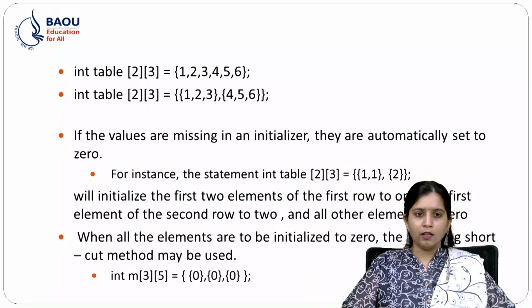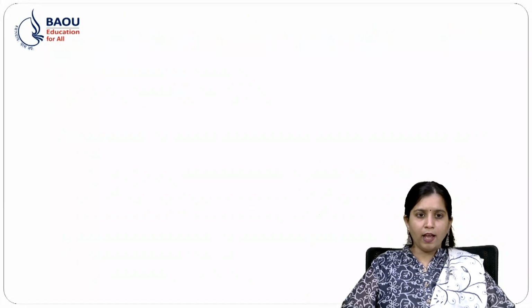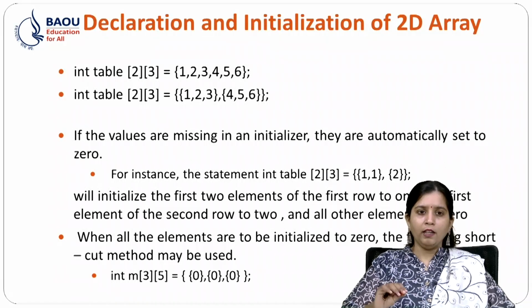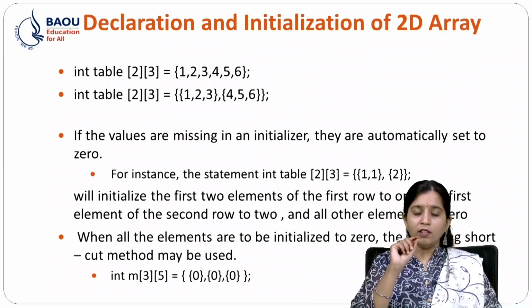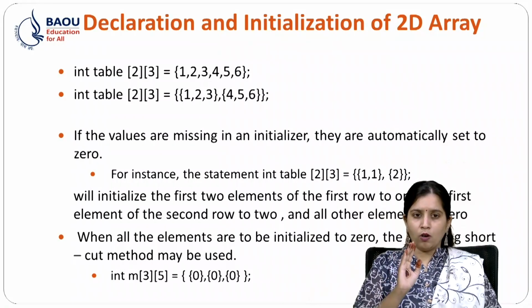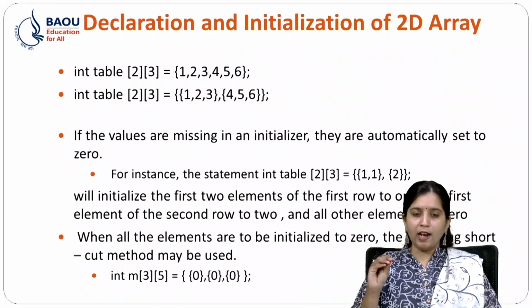Now let's see the declaration and initialization of a two-dimensional array. First we have int table[2][3]. So what is 2? 2 is the row count and 3 is the column count. And we initialize 1, 2, 3, 4, 5, 6.